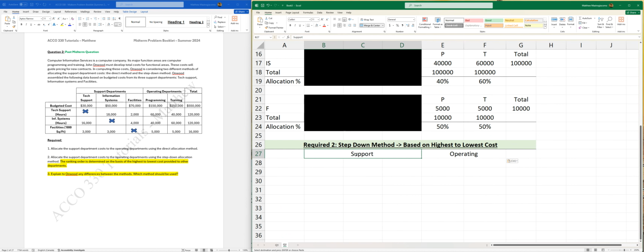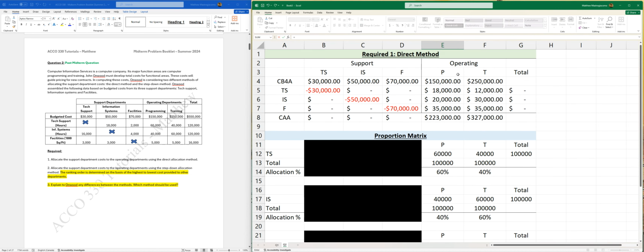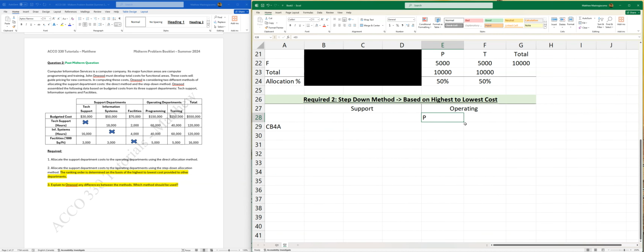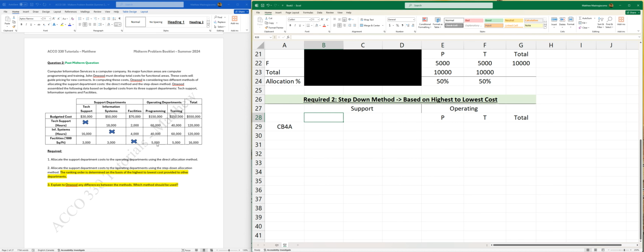Okay, so first support and operating here, guys. Still same style, support on the left, operating on the right. And we always start off with our cost before allocation. It's nice to have one constant. Well actually the operatings are also constant here. So we have programming, training, total. Now we have to figure out basically what goes first. So which department goes first? Because we're ranking based on the highest lowest cost, which support department has the highest cost? Well, we see here facilities is the highest.